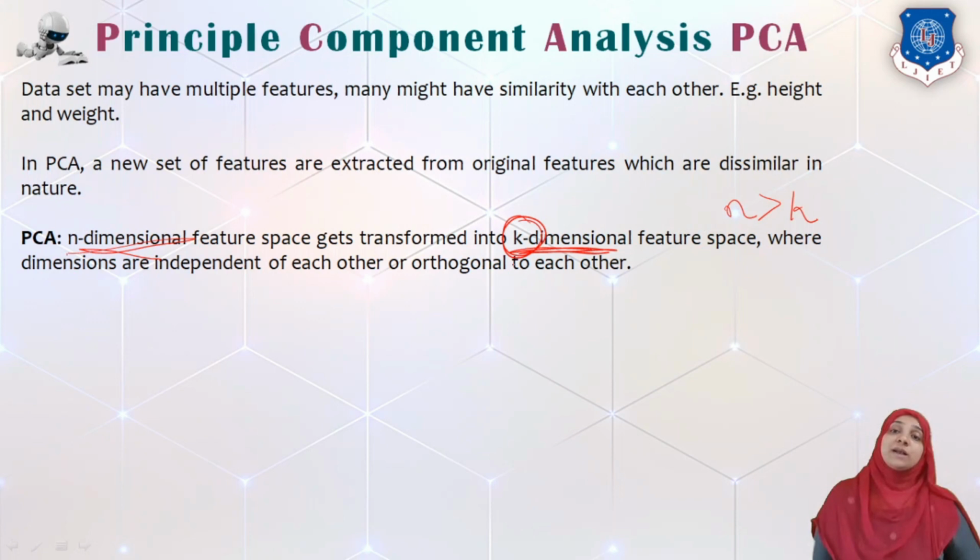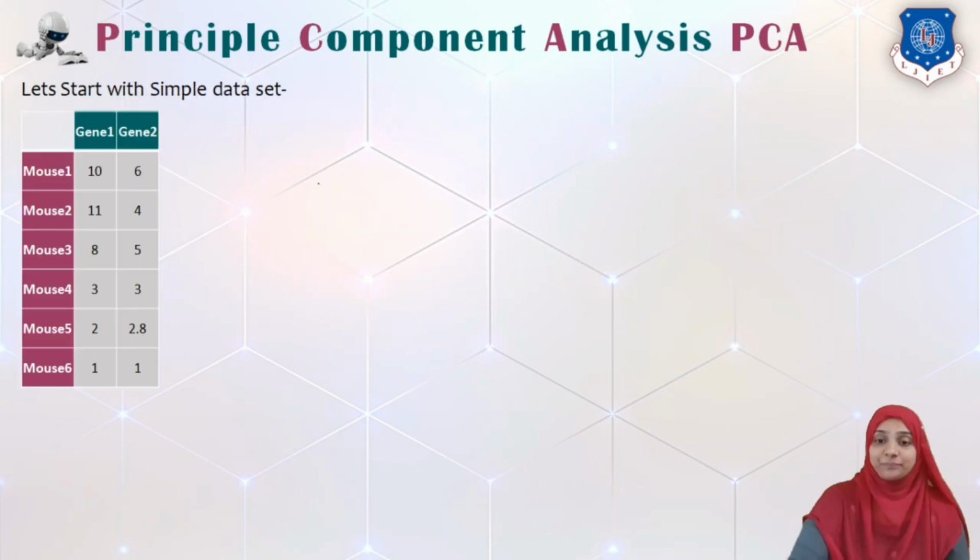other. So while talking about independent dimensions in our coordinate system, we say these dimensions are orthogonal to each other. That is nothing but another way of saying dimensions are independent of each other or dimensions are showing values which are dissimilar.